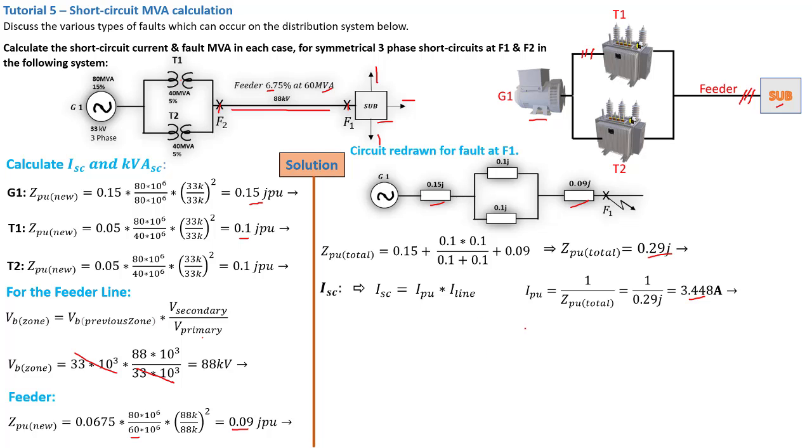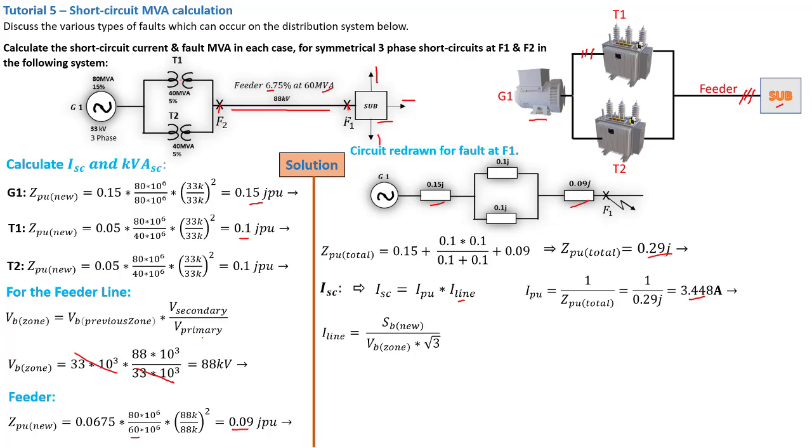So now that we've calculated the I per unit, the next thing to do is to calculate I line so that we can then finally calculate our short circuit current. Now the I line is given by the formula: I line is S_B (new) divided by V_B zone times the square root of 3. Now remember, this is very interesting, this V_B zone, because you have to know where the fault is located.